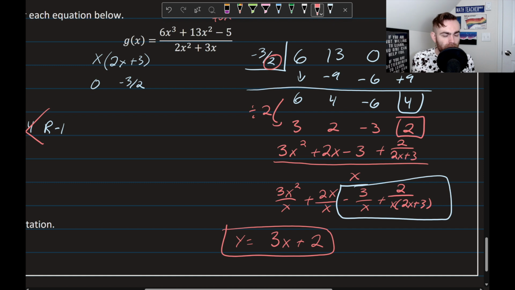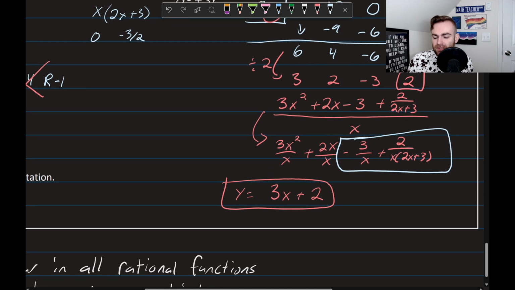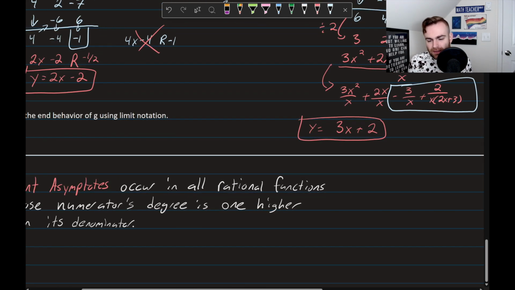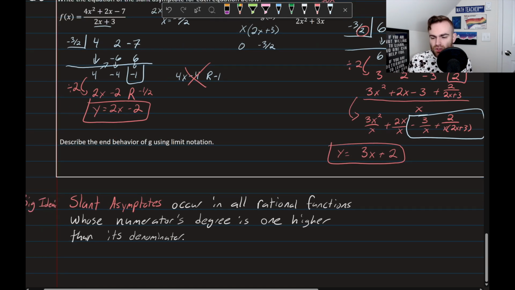So not too bad. If we had a number other than 0, we would just do synthetic division with that number. But if you have 0, if you have just an x, you can use this idea, and it makes life a whole lot easier. So hopefully we found that there are some shortcomings with synthetic, but it's not too bad.